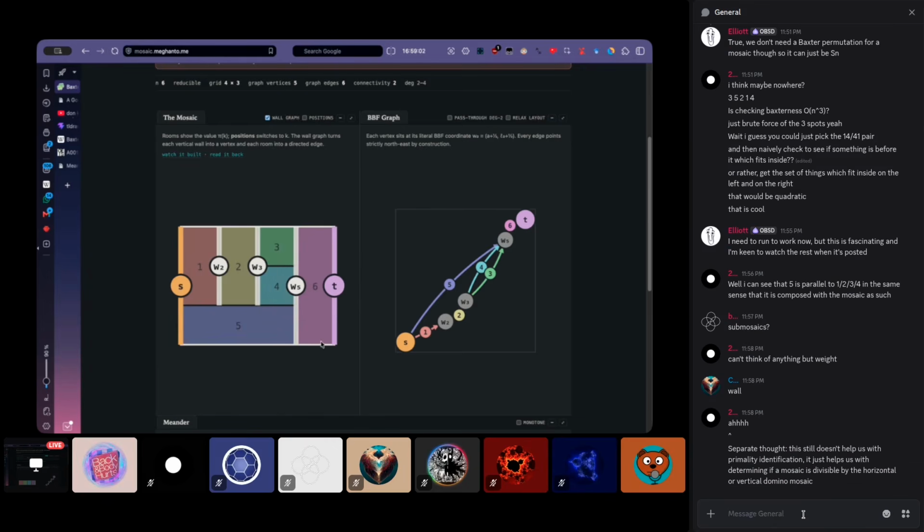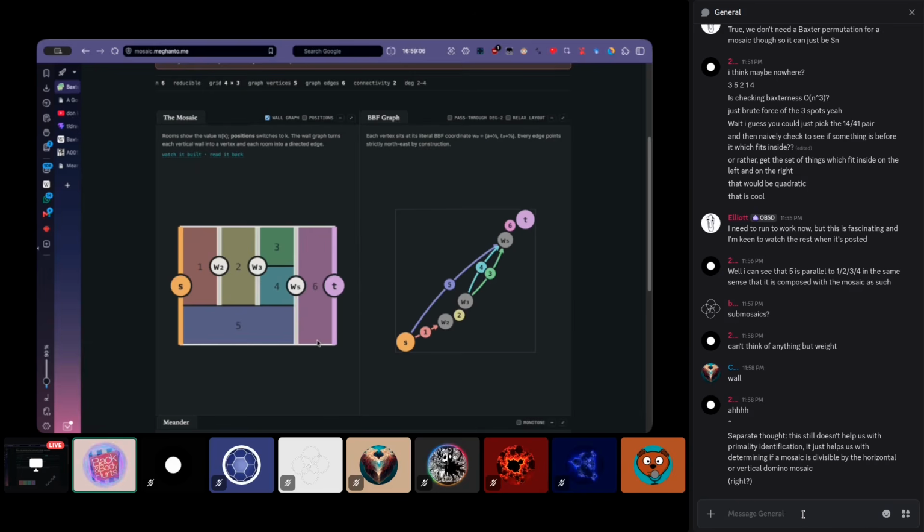It helps us with primality identification actually, because remember, for a thing to be composite, this actually takes out a lot of the trivial composites.